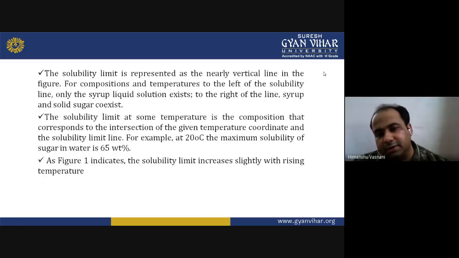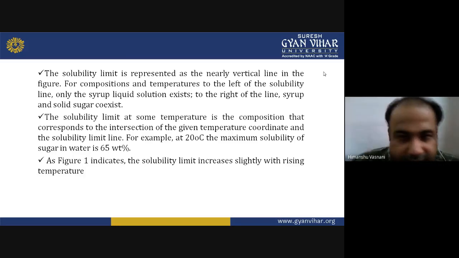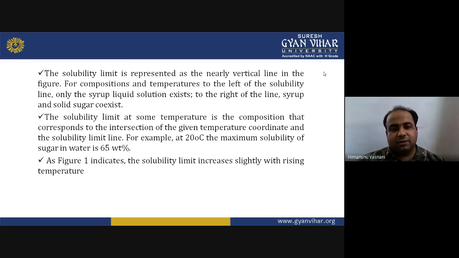The solubility limit is represented by nearly vertical lines in the figure, for composition and temperatures. To the left of the solubility line, only the syrup liquid solution exists, and to the right of the line, the syrup and solid sugar coexist. The solubility limit at some temperature is the composition that corresponds to the intersection of the given temperature coordinate and the solubility limit line.